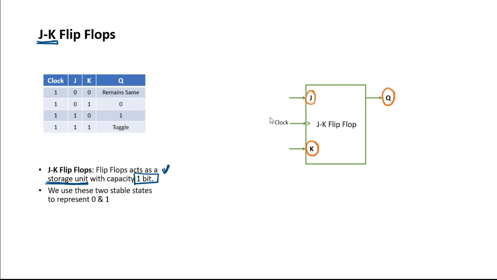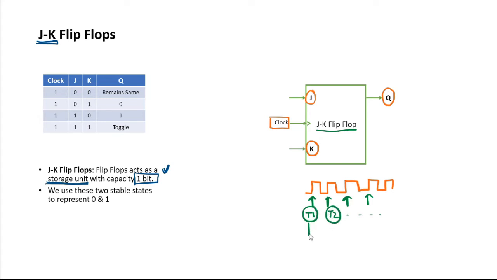It is also connected to a clock. This clock works exactly the same as we discussed in the introductory class: tick by tick. It has these kinds of signals, and the rise of each signal represents one tick. This is T1, this is T2, and so on. The JK flip-flop works tick by tick.